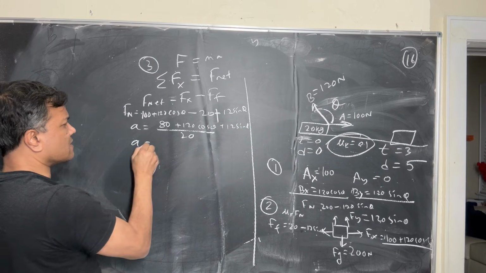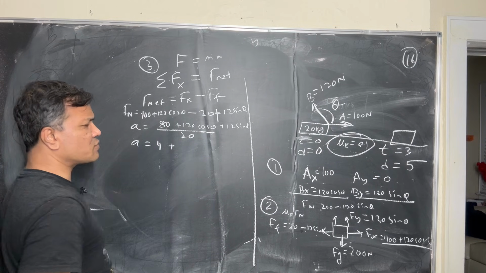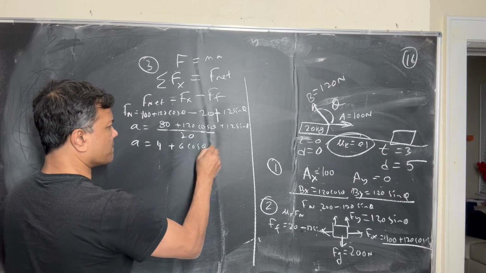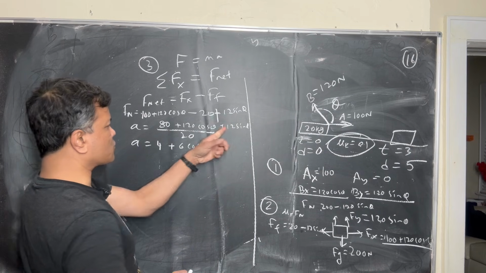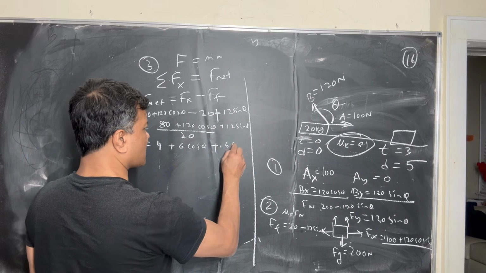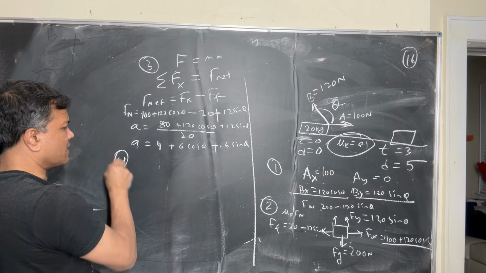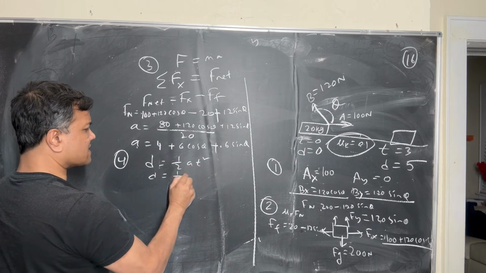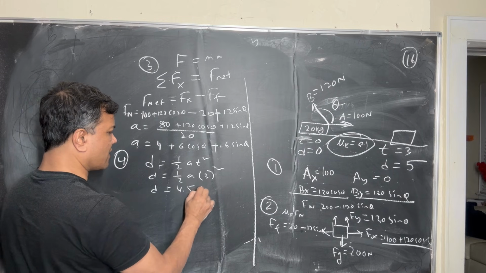Now acceleration is 80 divided by 20, of course, 4, plus 120 divided by 20, which is 6 cosine theta, plus 12 divided by 20, which is 0.6 sine theta. This is acceleration. We're going to do step 4. D is equal to half a t squared. Now, at 3 seconds, D is equal to 4.5 a.